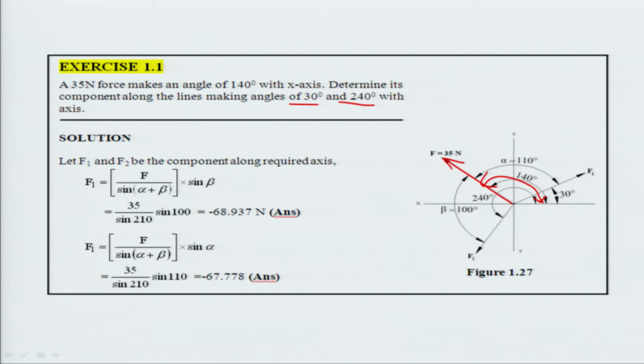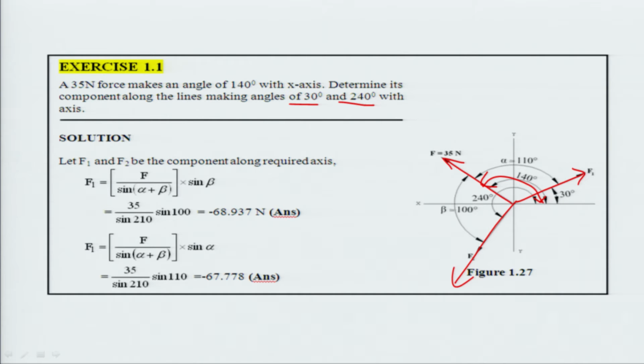Means we need to calculate the components of the force along a line which is inclined at 30 degrees from the horizontal, and another axis of the component which is 240 degrees from the x axis.